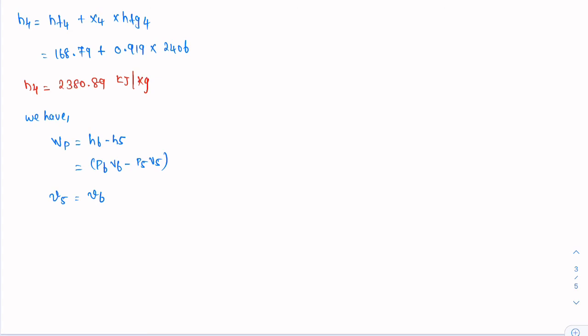Therefore, V5 is equal to V6 and the equation is taken as P6 minus P5 into V5, and this V5 is the specific volume. Note that this value of V5 is equal to Vf4, which is at the condenser pressure.